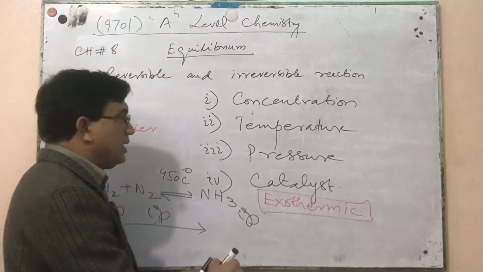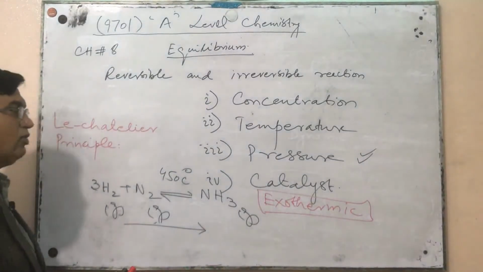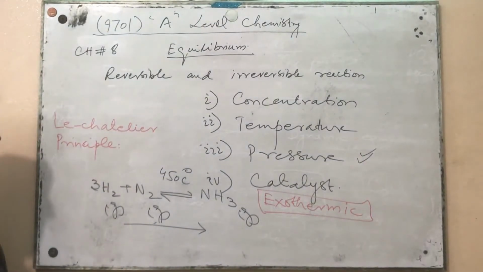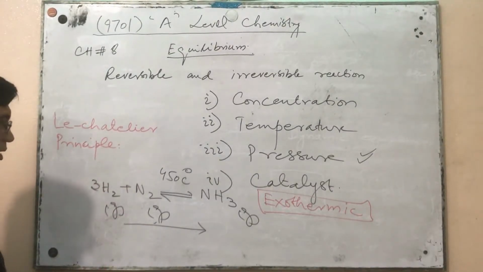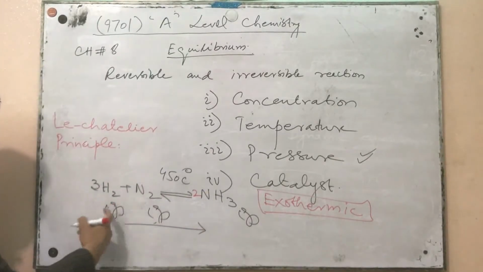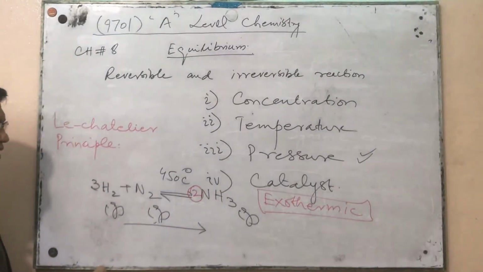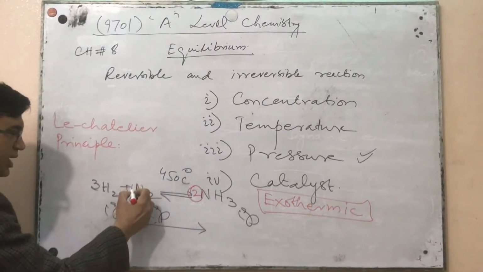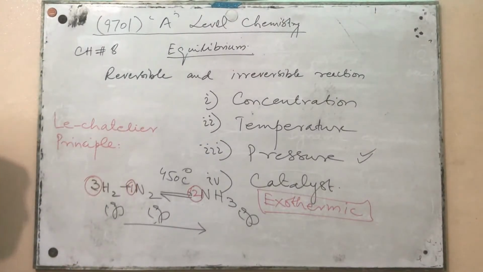Next is the effect of pressure. Consider that we assume the number of volumes. This equation is indicating that 2 volumes of ammonia are formed by reacting 1 volume of nitrogen with 3 volumes of hydrogen.